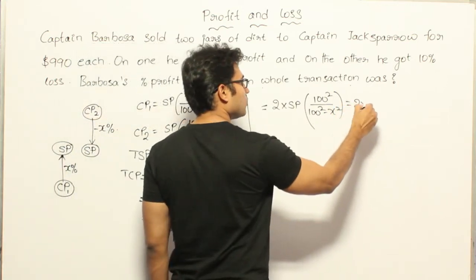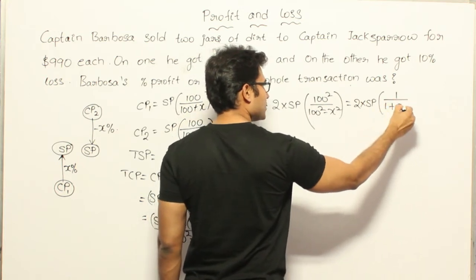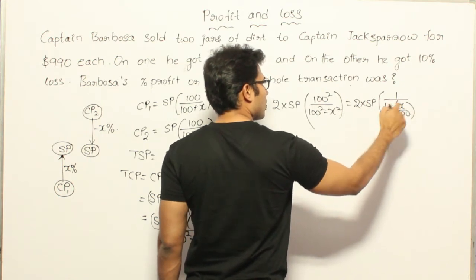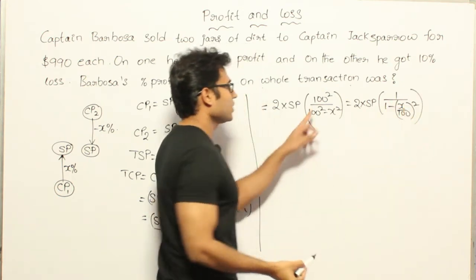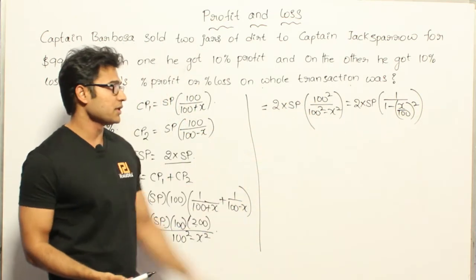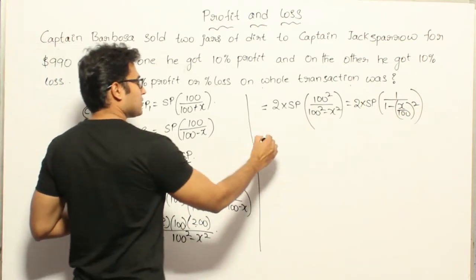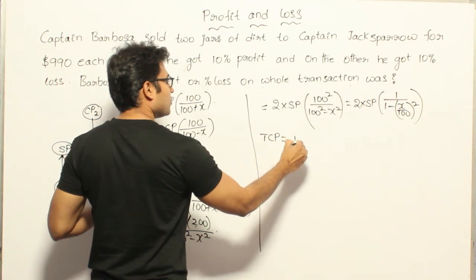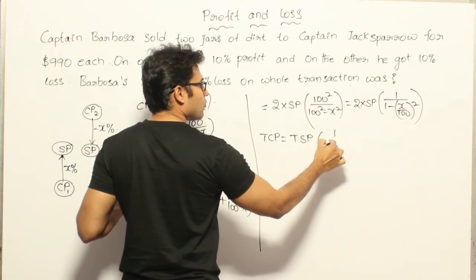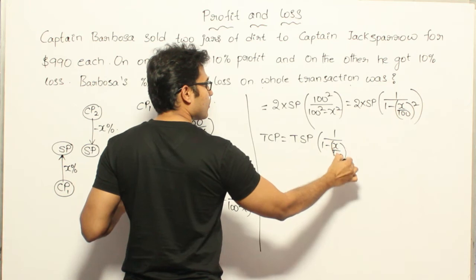That equals 2 into SP into 1 by 1 minus X by 100 whole square. I am dividing numerator and denominator by 100 square, then I got that. Now if you observe it, total cost price equals total selling price into 1 by 1 minus X by 100 whole square.